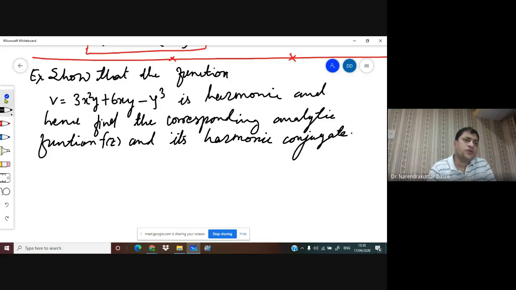Here we are given a function v, and we have to show that it is harmonic. After showing that, we have to find the corresponding analytic function and its harmonic conjugate.